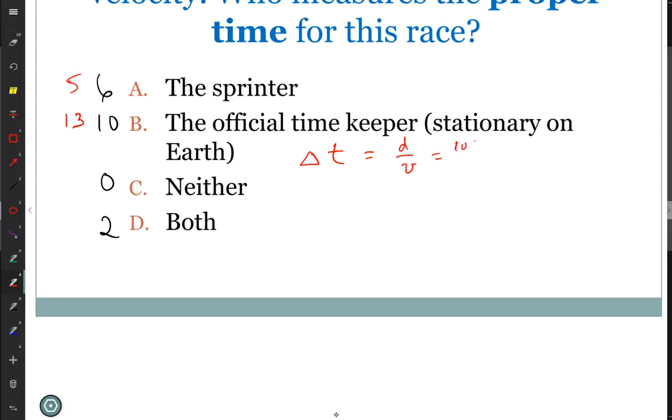So the distance is 100 meters. How fast do you suppose the sprinter's running? Miles an hour, really? Let's go with a reasonable 10 meters per second if you're world class. Not reasonable for you and me.